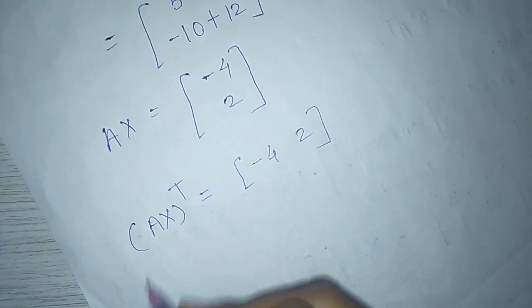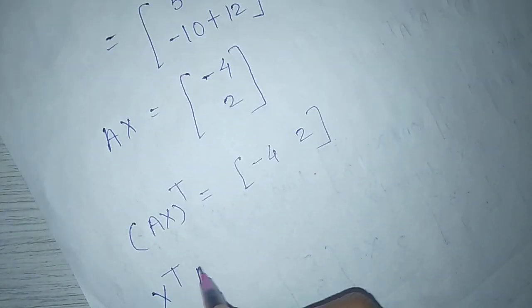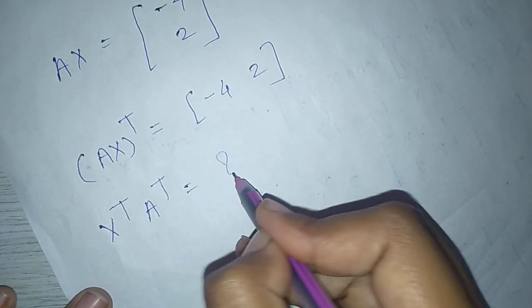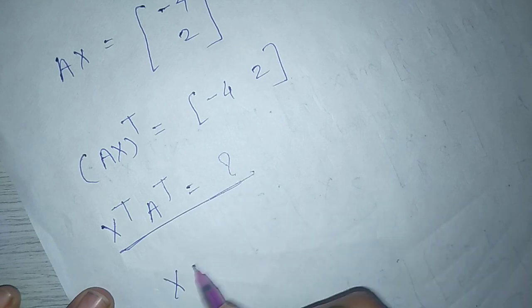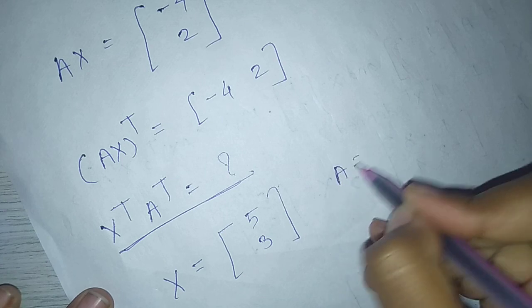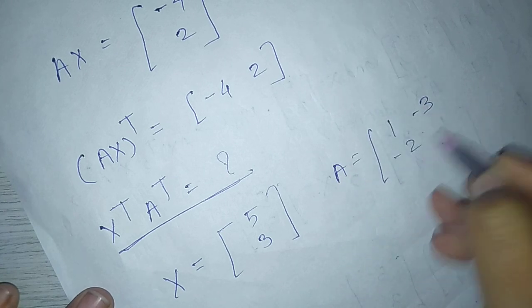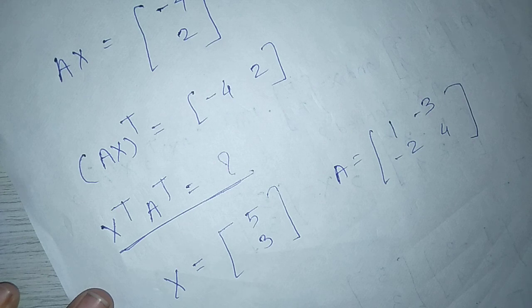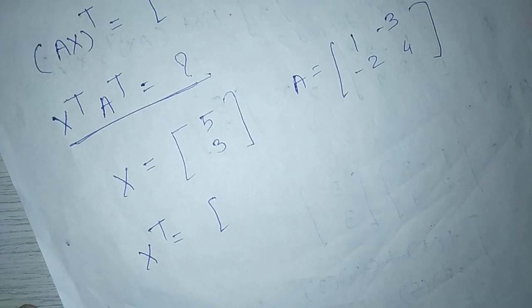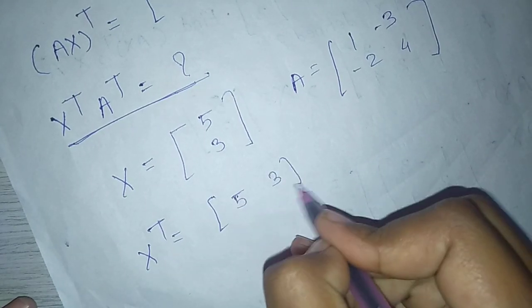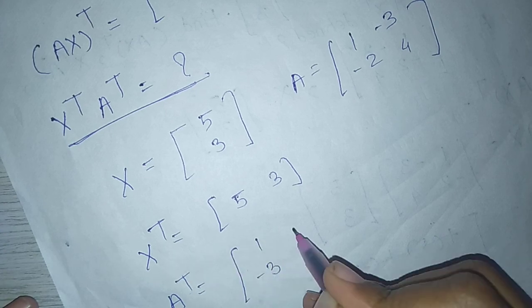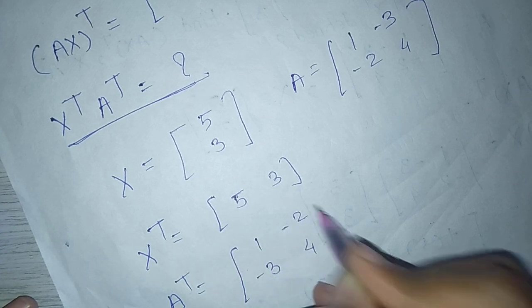Next calculate x transpose into A transpose. Here we have x equal to 5, 3 and A equal to 1, minus 3, minus 2, 4. Then x transpose equal to column matrix converted into row matrix 5, 3 and A transpose equal to 1, minus 2, minus 3, 4.